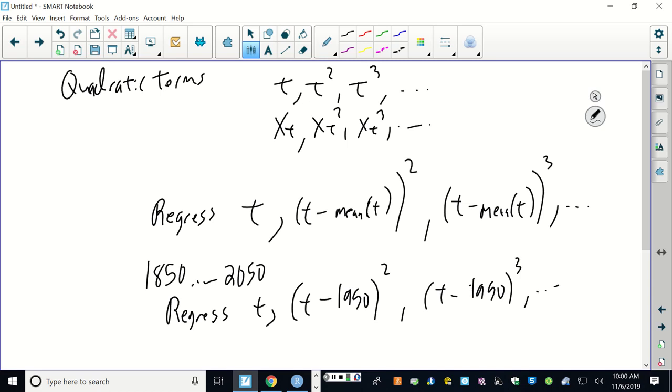So it won't be exactly the mean, but it's an easy thing to think about: what is the difference of the year from 1950 or some other reference point? Some economic time series have a reset every once in a while, a cut point. What is it before or after? That's a convenient reference point. It's easier to communicate a number versus some arbitrary mean that doesn't really apply to other things.